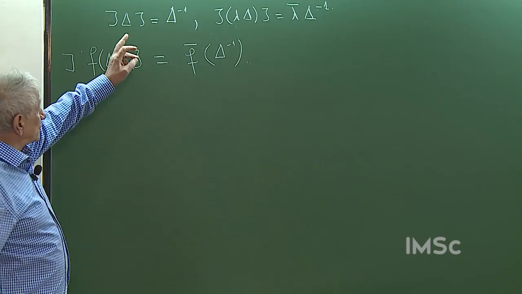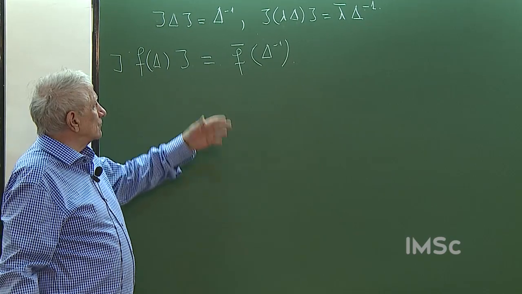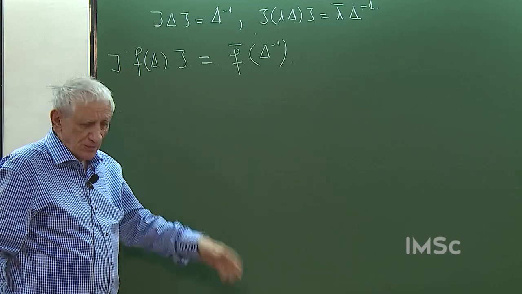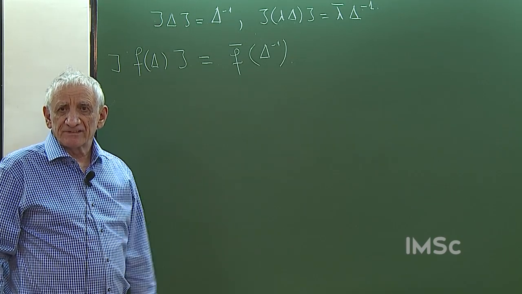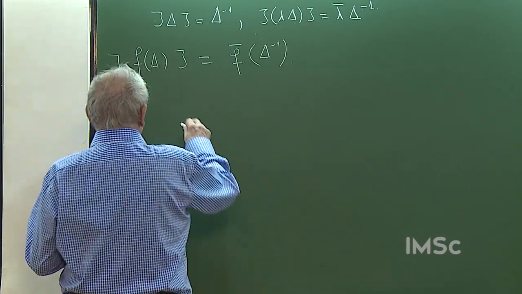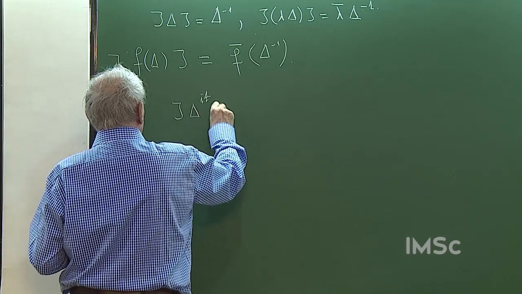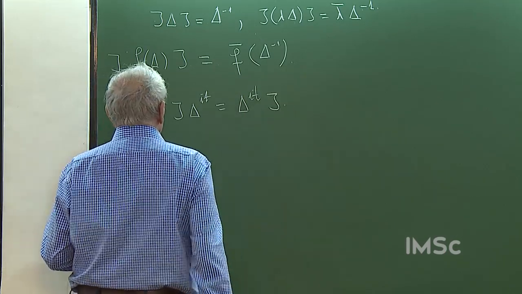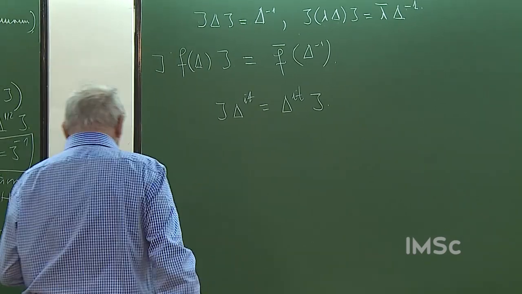So once we have these two obvious relations, we get, by passing to 1 plus delta to the power minus 1, which is a bounded operator, then you do the functional calculus for it. In particular, we have that J delta to the power it is equal to delta to the power it J. It's a particular case of this formula and of the fact that J squared is equal to 1.